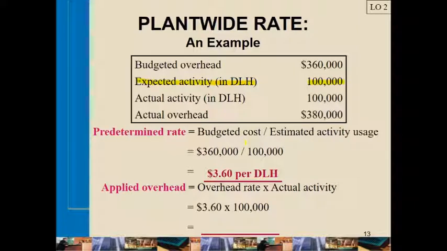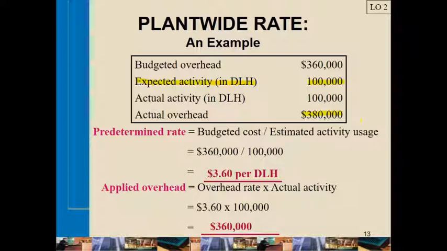Now your applied overhead is your overhead rate multiplied by your actual activity of 100,000. So in this case, it is 360,000. Now, as you can see, your applied overhead is different from your actual overhead of 380,000.